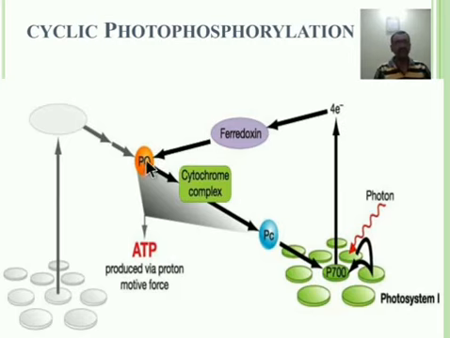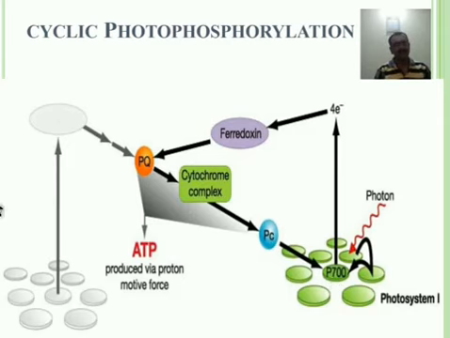From plastoquinone it again comes toward the plastocyanin, but at this part, from plastoquinone to plastocyanin, ADP is converted into the energy rich molecule, that is the ATP, in this part only. Further, this electron comes from plastocyanin to photosystem first again, and a cycle is completed here.